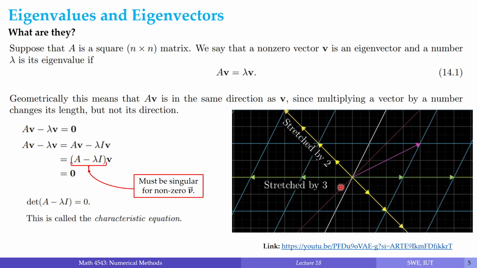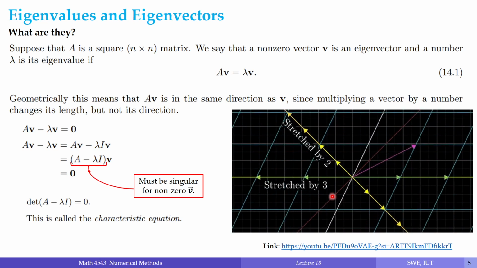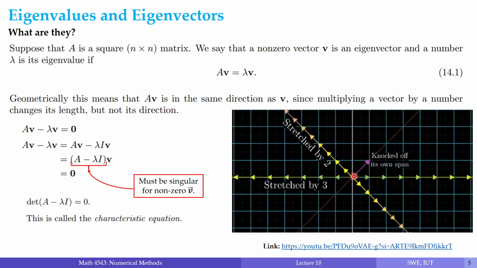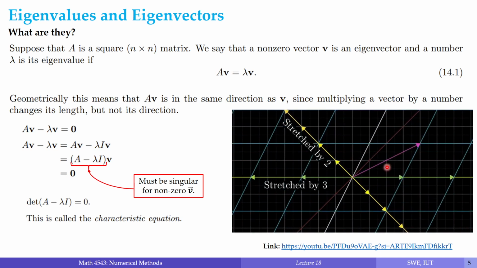So let's say we have a particular vector space that looks something like this, okay, and this purple colored vector, after getting linearly transformed by a particular matrix, gets knocked off its own span. So this is of course not an eigenvector.